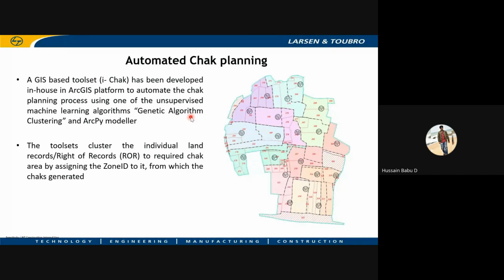But using a genetic algorithm and machine learning technology, we automated this process using the ArcPy modeler with Python scripting. We automated this based on the attributes in the revenue records, combining based on the area as per the revenue record. We combine for 1 hectare, then combine as 2 hectare, and then those are all combined as the 20 hectare checks.